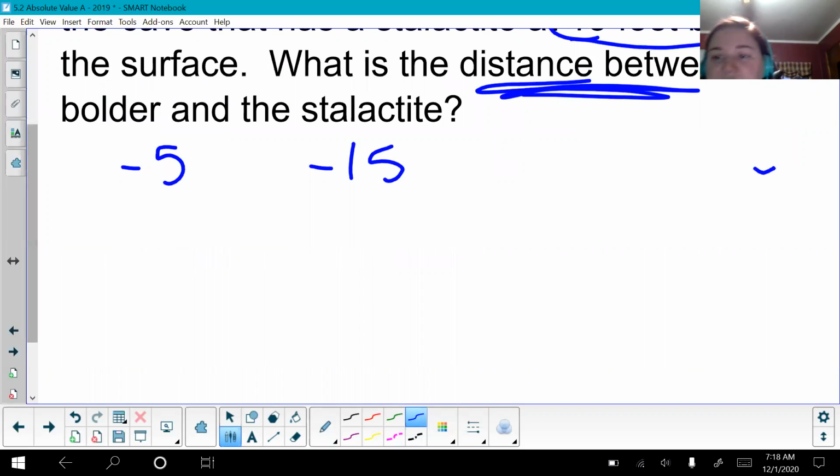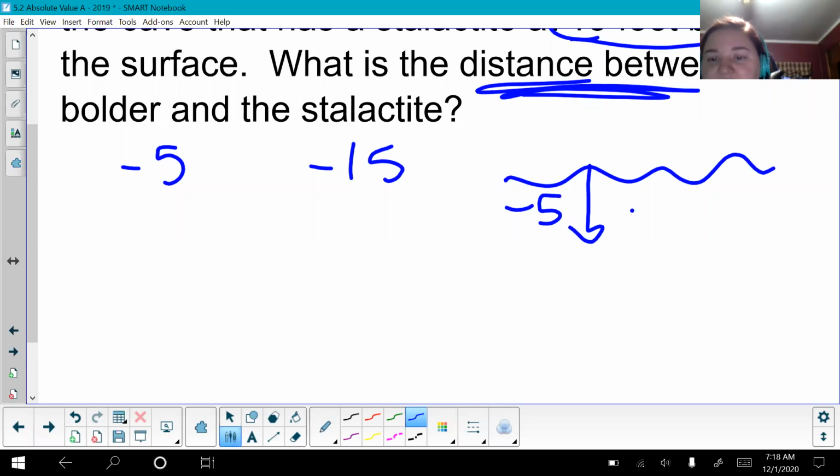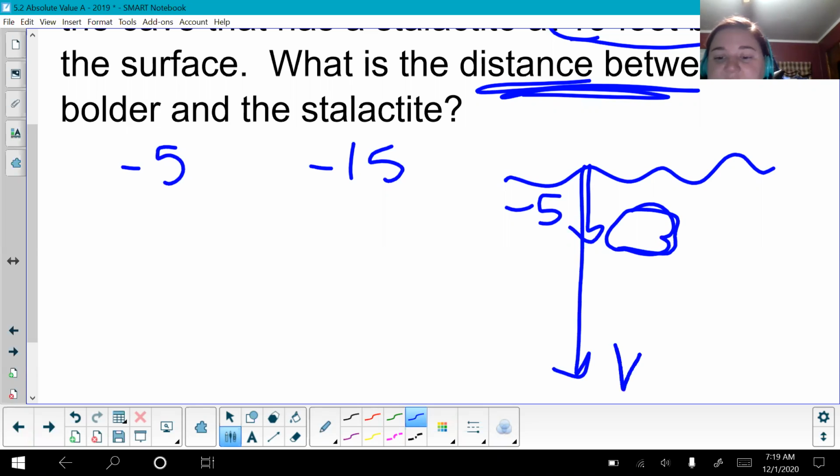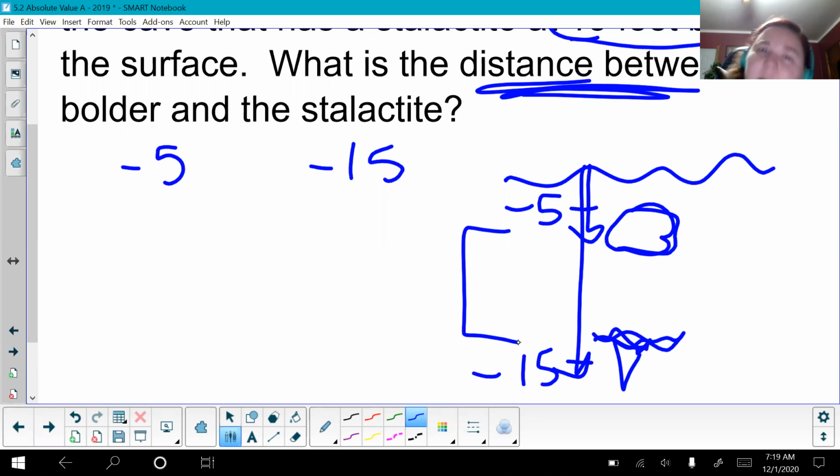So here's the surface. One of the boulders is 5 feet below, right? Here's the boulder. Beautiful boulder. But then further down is your stalactite, which I think these are the ones that hang from the ceiling. So how far is 5 and 15? Well, we're both below the surface, right? So how many spaces would be in between these two? Would we add those or would we subtract those? Hopefully you said subtract.